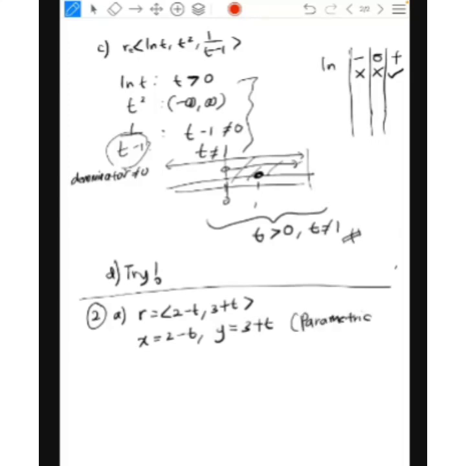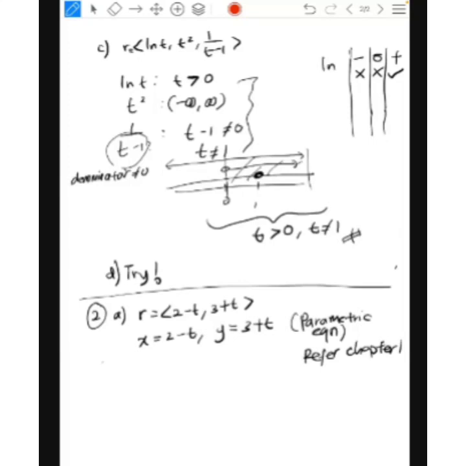So how do you solve a parametric equation? You have to refer back to chapter 1 if you forget. You may plot the points or you may eliminate the parameter t.